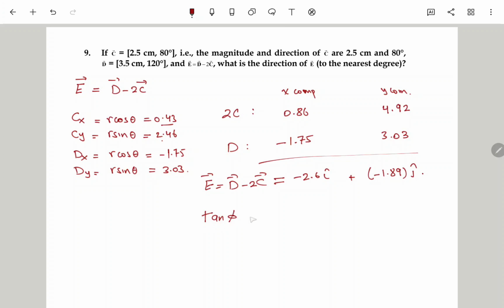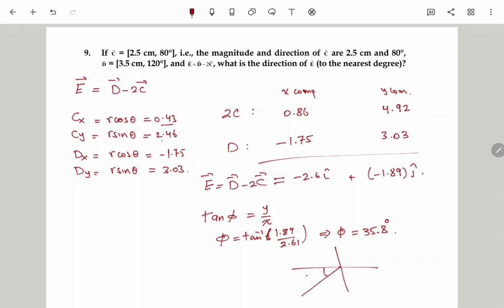Tan theta, it's named tan phi, equals y over x, and phi in this case is tan inverse of 1.89 over 2.61, or phi equals 35.8 degrees. Now when we draw vector E, it's negative in x, negative in y, so it's like this, in this direction.